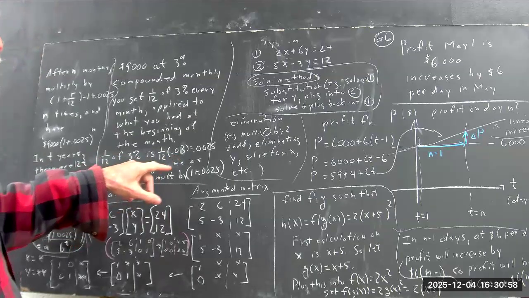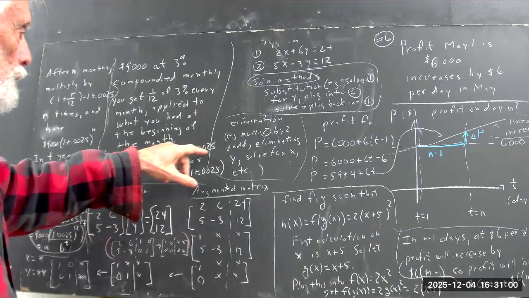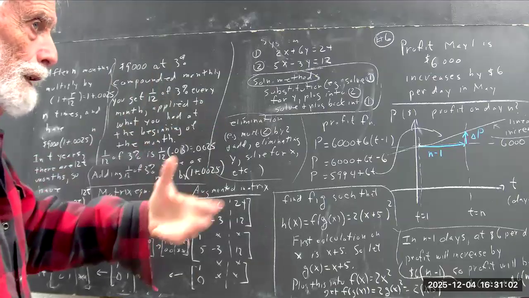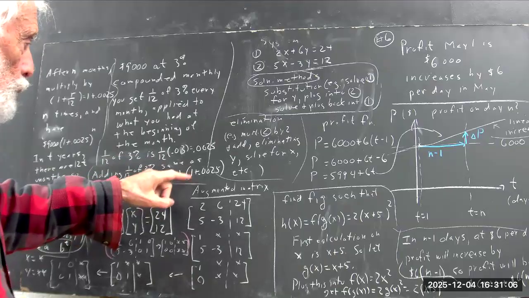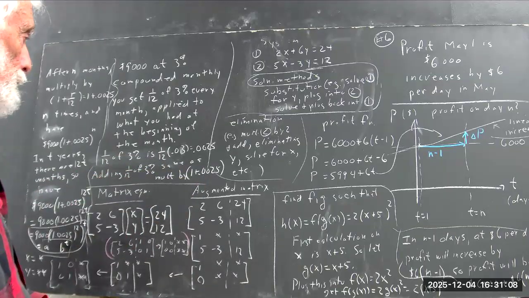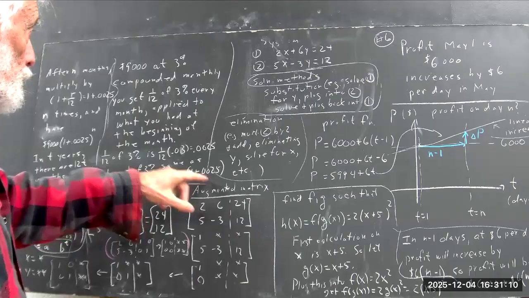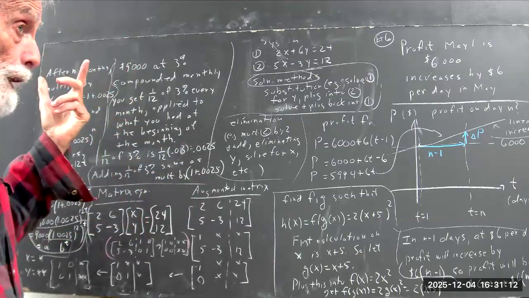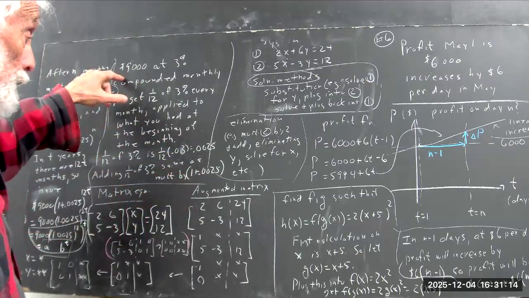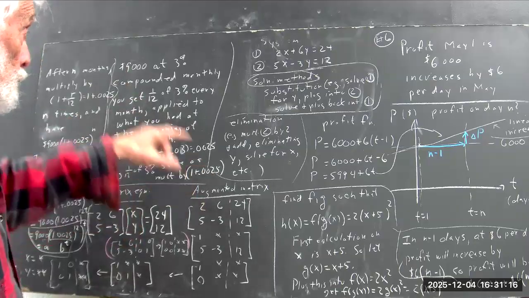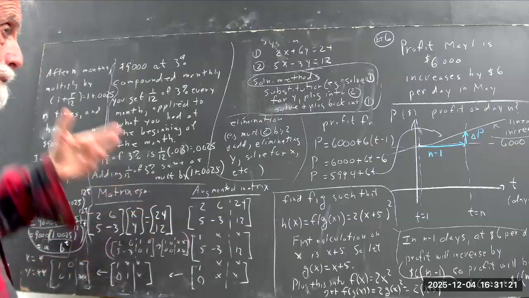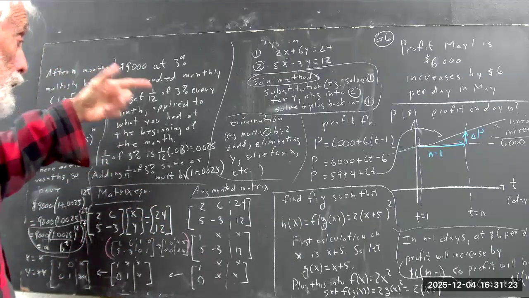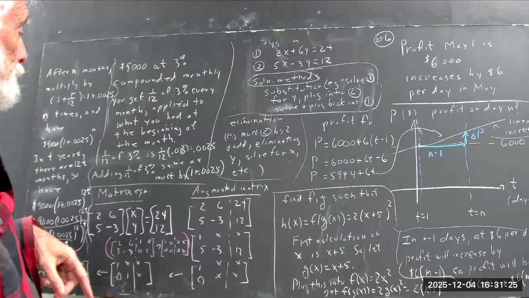Adding the 12th of 3% is adding 0.0025 of whatever your principal is. And that's the same as multiplying your principal by 1 plus 0.0025. If you multiply 1 plus 0.0025 by $9,000, you get 1 times $9,000 plus 0.0025 times $9,000, meaning you get your $9,000 plus the interest.